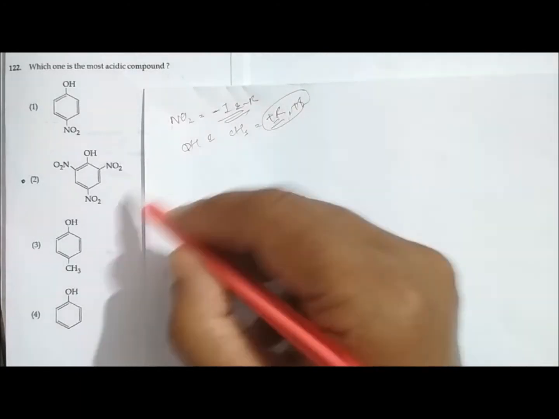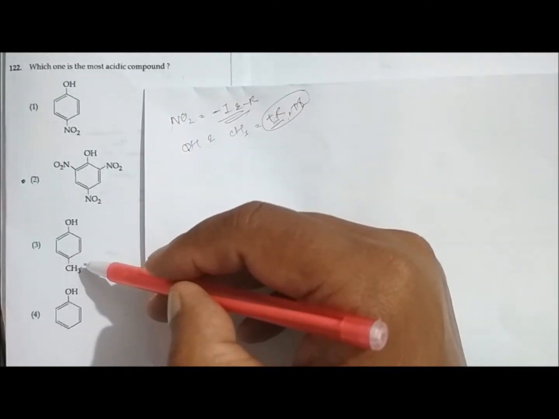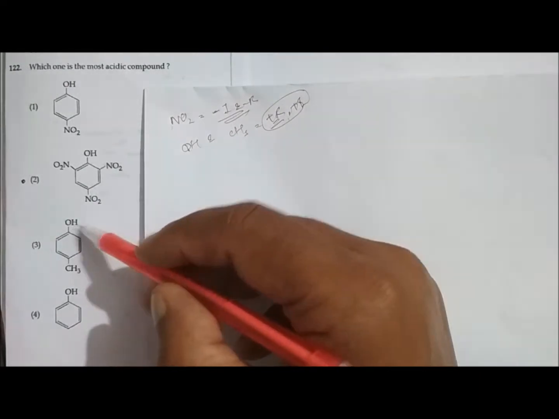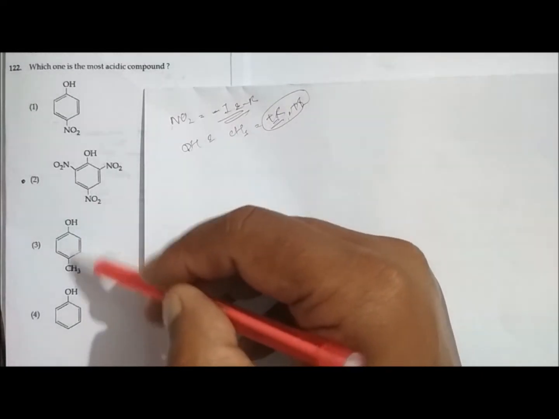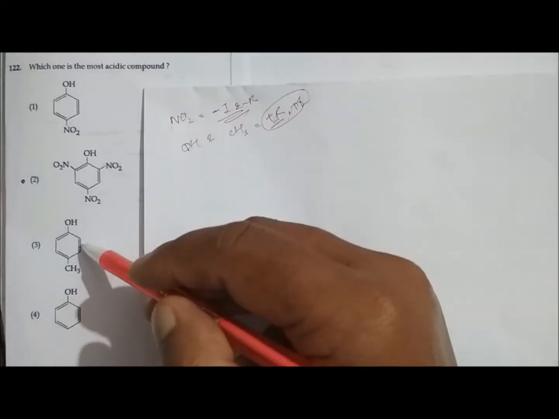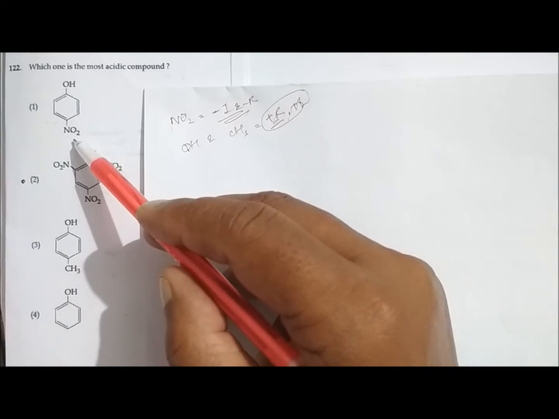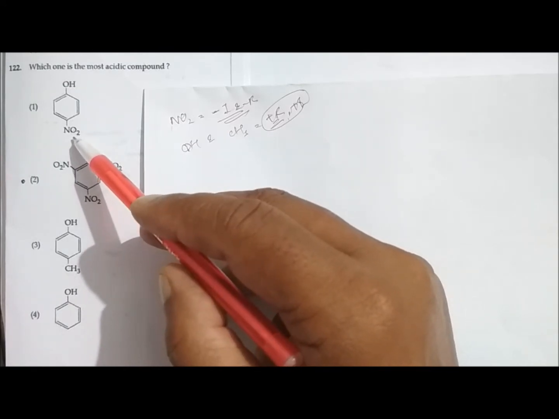So they will donate electron density to the ring. So in this case the acidic compound is not possible, it is very less acidic. But NO2 has a greater minus I, minus R effect.